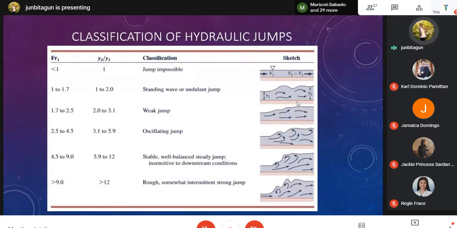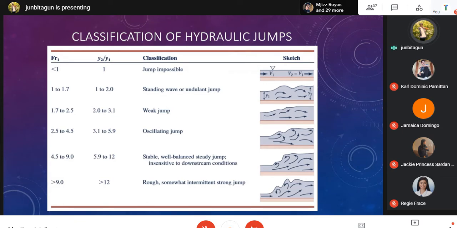Okay. So this is the classification of hydraulic jumps. When your Froude number is less than 1, a jump is impossible, because the flow does not transition from supercritical to subcritical.